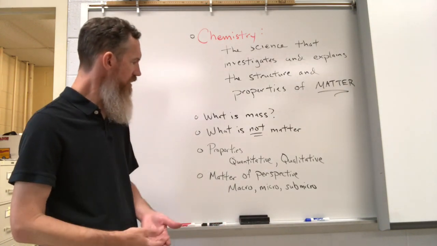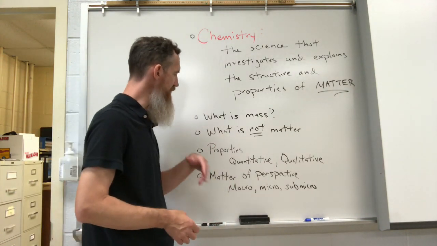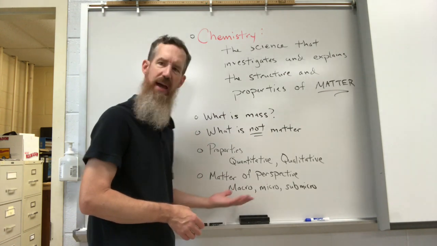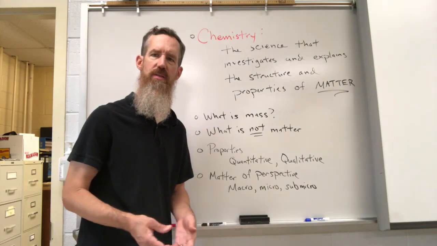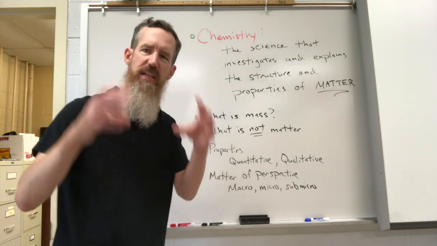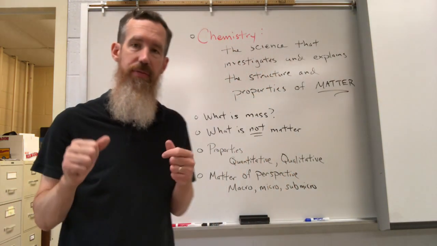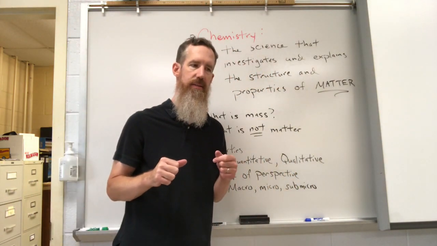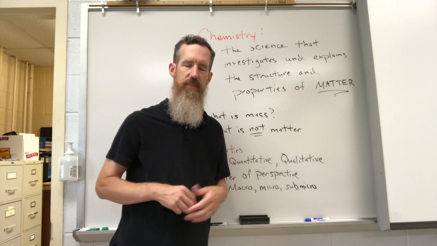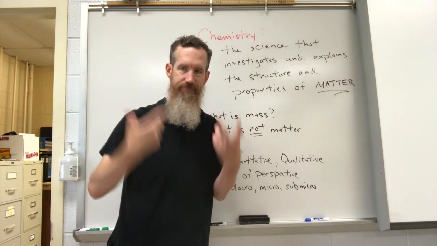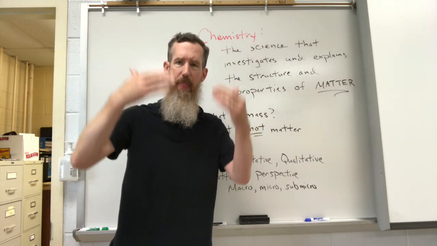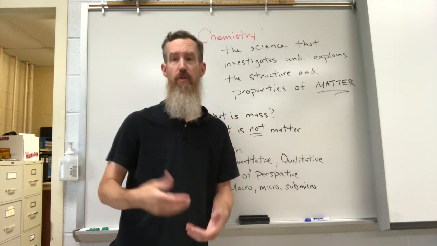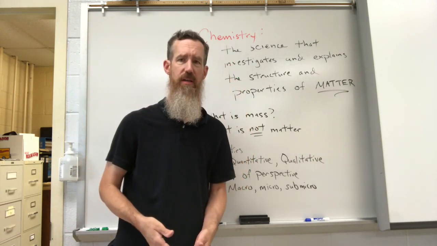And when we look at matter and mass and the properties, it's a matter of perspective. How are we looking at things? To what level are we zooming in on things? I'm going to use an analogy here. I'm a human being. You see my macroscopic, or you have right now a macroscopic view of me.